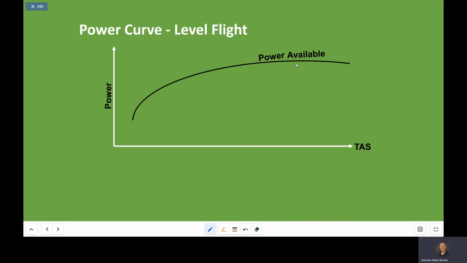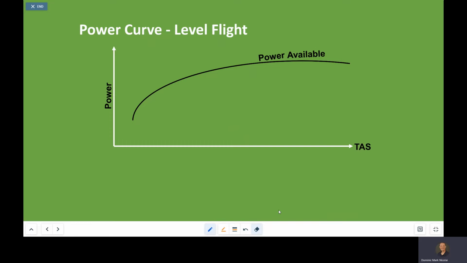And also part of the reason why it starts to dip as we get to the high speed portion on that curve. When we get to the high speed portion, the propeller efficiency drops off because typically the tips have reached a stall point. And they're starting to produce a little bit of drag now and not as much thrust.